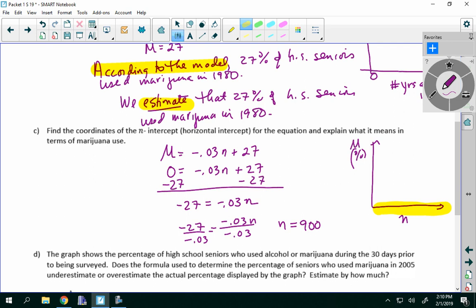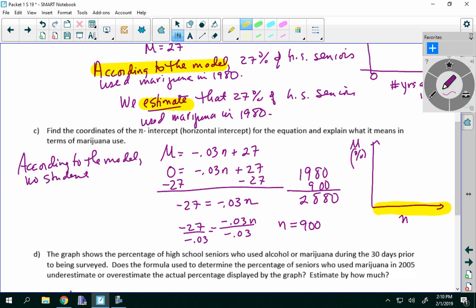Well, if I add 900 to 1980, I get the year 2880. So what does this mean? This is telling me that according to the model, no high school students used marijuana in 2880.